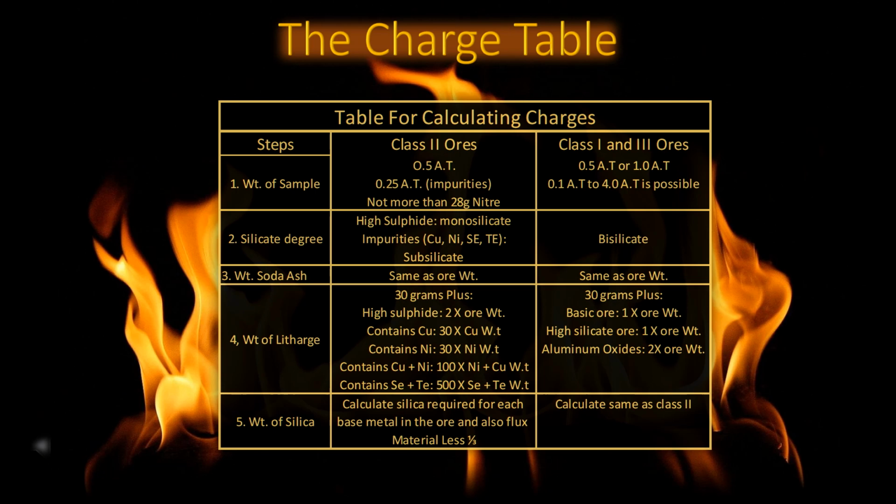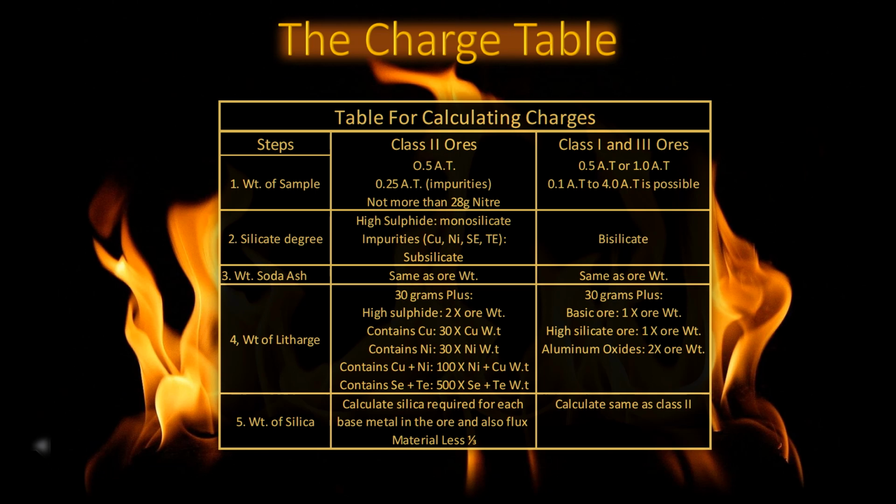But for the Class 2 ores, if you have contaminants, it changes to contaminant weight. The table will tell you to use 30 times the copper weight in the ore plus 30 grams of lead oxide. In step 5, each base metal and flux constituent is calculated and added, then subtracting 1/3 for the borax.